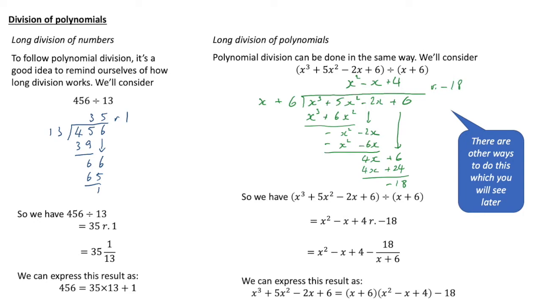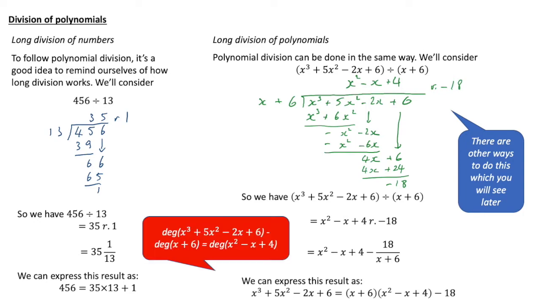If we think about the degree in this situation, the degree of our original polynomial we were dividing, x cubed plus 5x squared minus 2x plus 6, take away the degree of our divisor, x plus 6, is equal to the degree of the main answer that we've got, which is our x squared minus x plus 4. And that's a general rule as well that you can use to check things.